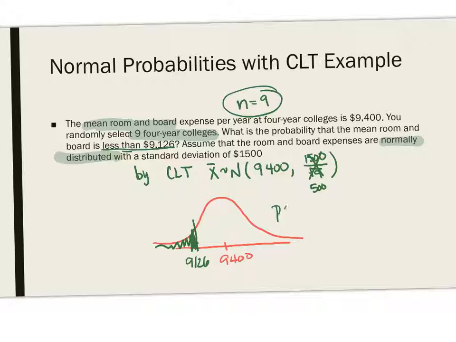We want to find the probability that X is less than 9,126. So we'll do normal CDF because we're on a normal curve. We're trying to find probabilities. And the lower bound here is, again, negative 999. The upper bound is 9126. Your mean is 9400. And your standard deviation is 500.